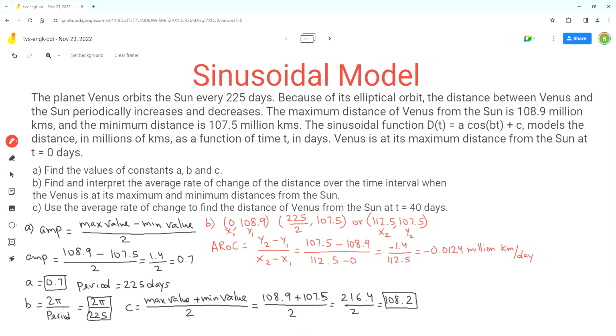The interpretation is: Venus is moving closer to the Sun at the rate of negative 0.0124 million kilometers per day.